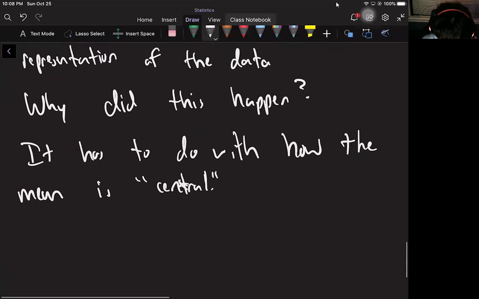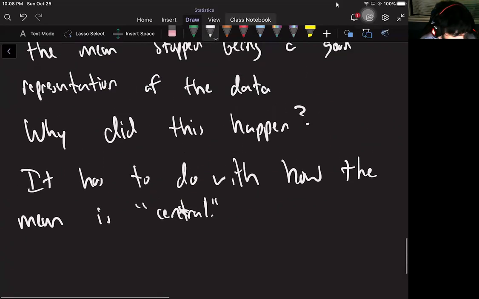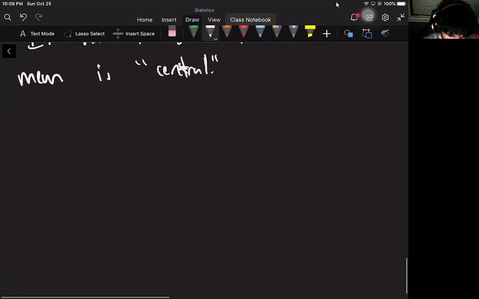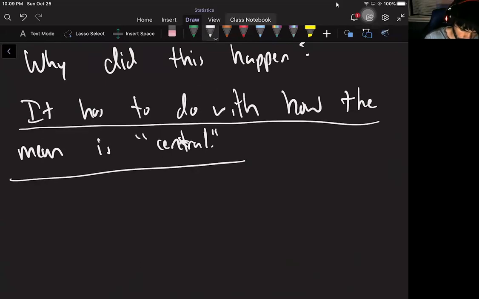And this will be sort of thought about in the lecture problems in more detail, but it's good for you to think about right now. But for now, we're just going to move on to the median, because the median is another way to think about how to find a number that's a representation of the data, and somehow it sort of works better. Okay, so this will be answered in the lecture problems.